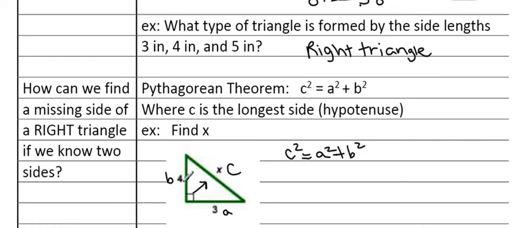And we have a and b, we're looking for c, which represents our hypotenuse. So I can interchange this c with x, and I'm squaring it. Set that equal to a squared, which we said was 3. So it'll be 3 squared plus b squared, and we said b was 4. So 4 squared.